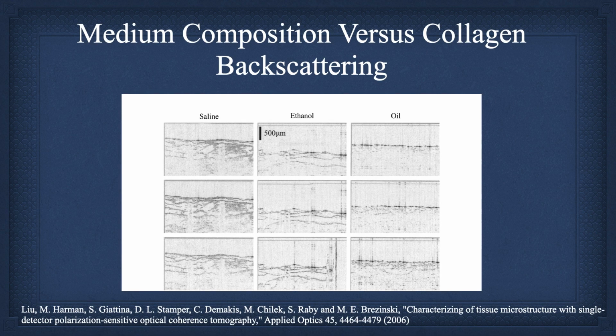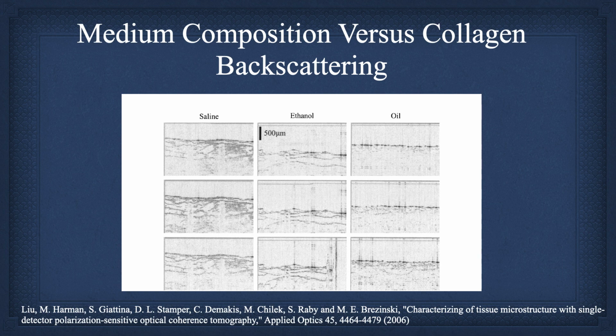Media composition is critical. Does it affect the imaging of collagen? So we used something called Helistat, which is a collagen type I sponge. It's just a block of collagen type I, and we immersed it in saline, ethanol, and oil. And this has become important, for instance in lipid plaques: does being in a lipid region change a water-based region?